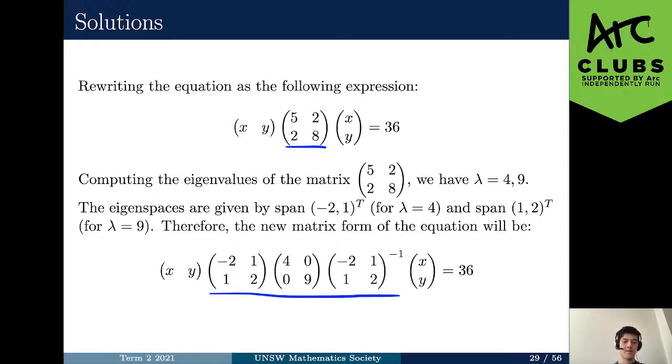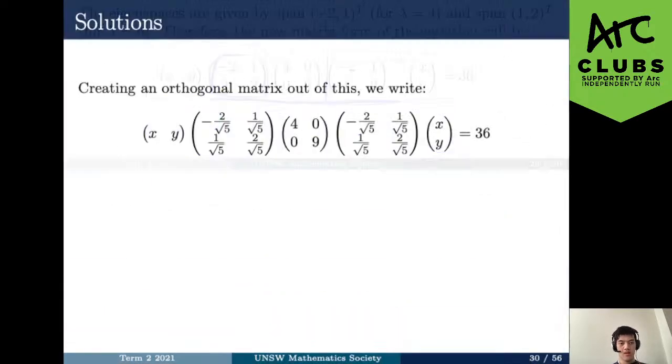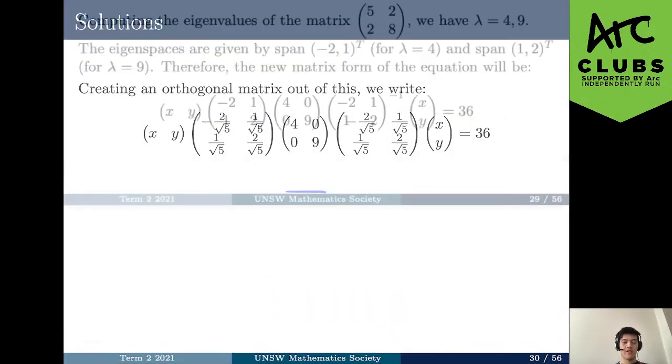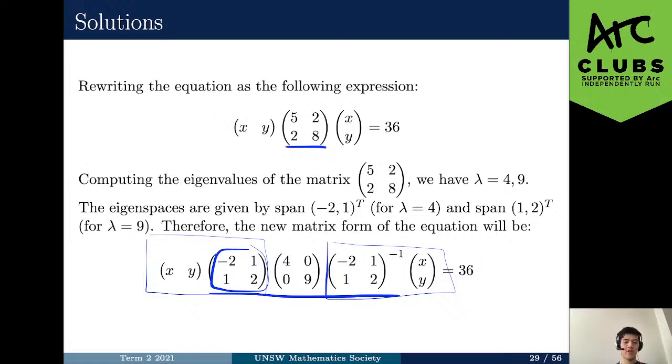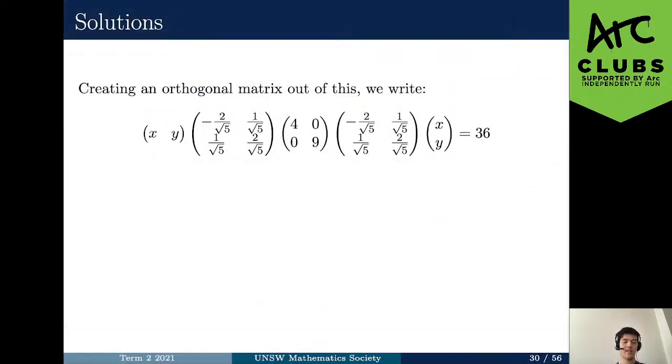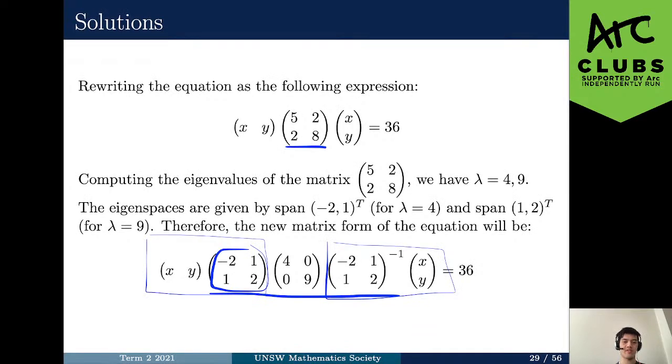I don't like these terms because they are annoying, so I'm just going to put these things together. Alright, so here remember it was inverse because this was actually not an orthogonal matrix, but if you made it orthogonal by standardizing, then in that case the inverse here is simply the transpose.